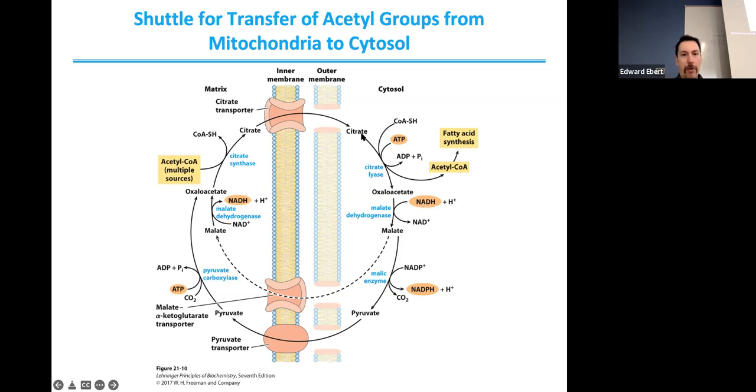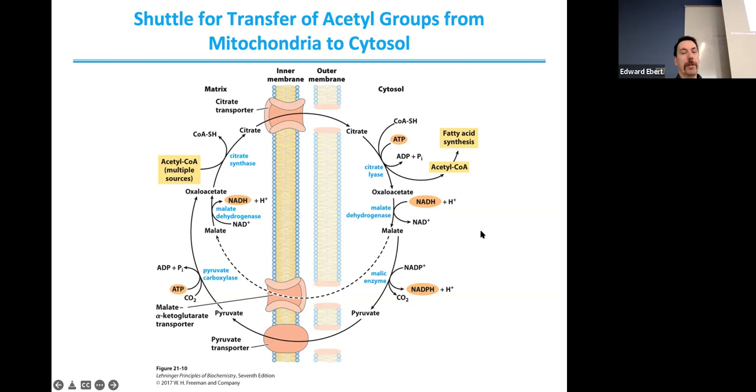But when we convert our citrate to oxaloacetate, we actually regenerate that acetyl-CoA. You see we're also burning some NADH in here, and some NADPH if we go back through the pyruvate transporter or our aspartate malate transporter. Our pyruvate can be reacted to form malate and then oxaloacetate, and then work with our acetyl-CoA. So we've got multiple places where we're spending ATP and NADH just to get this out.